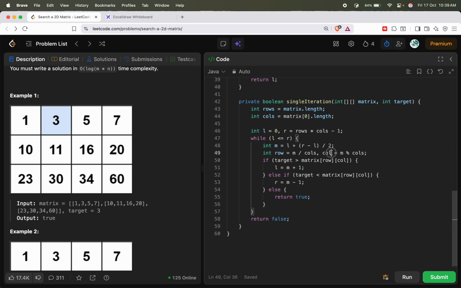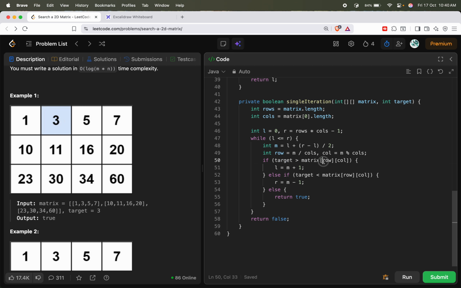That would give you the row in which the mid lies, and the column is the mid modulo columns. If the target is greater than the cell which we are looking at, that means our target will lie in the remaining half, or else we will look for it in the left half.